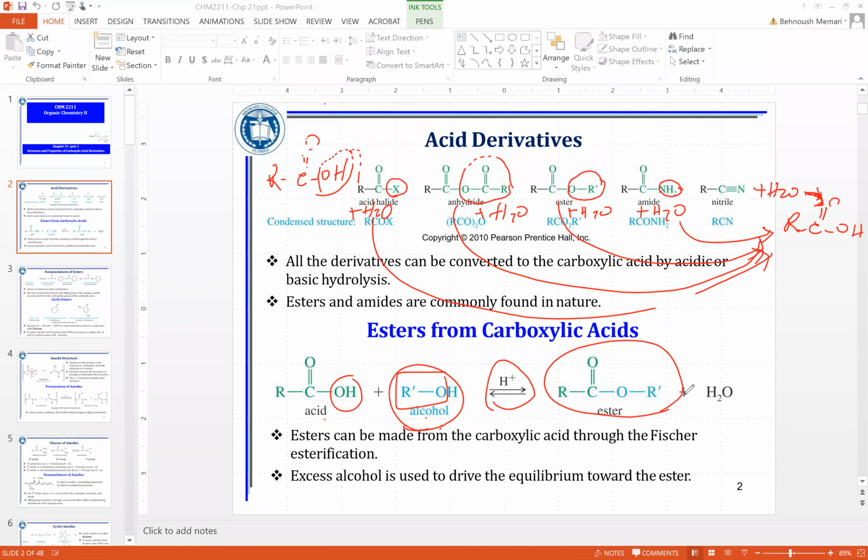It reaches equilibrium, and because of that, if you increase the concentration of one of the reactants, it pushes the reaction toward formation of more product, relieving the external pressure. That's the reason excess alcohol is often used in this reaction.